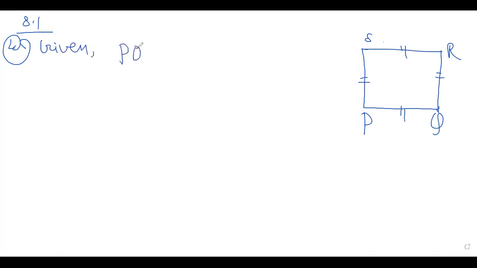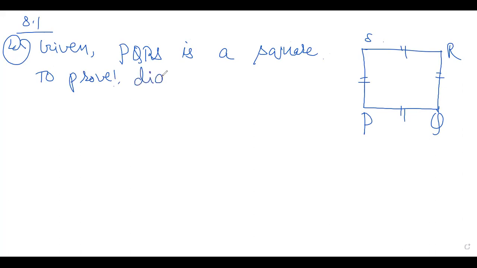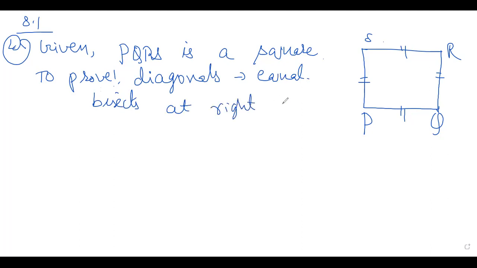Given PQRS is a square. To prove, what you are going to prove, children? See, the diagonals are equal and bisect each other at right angles.